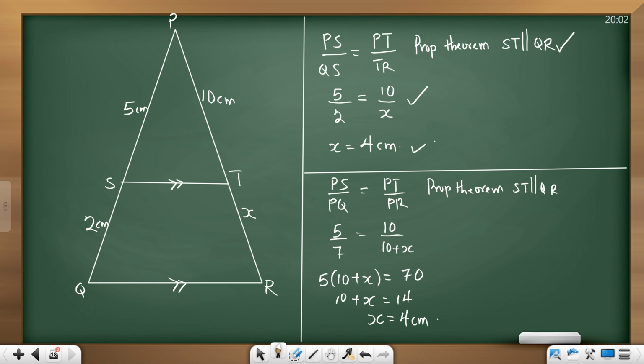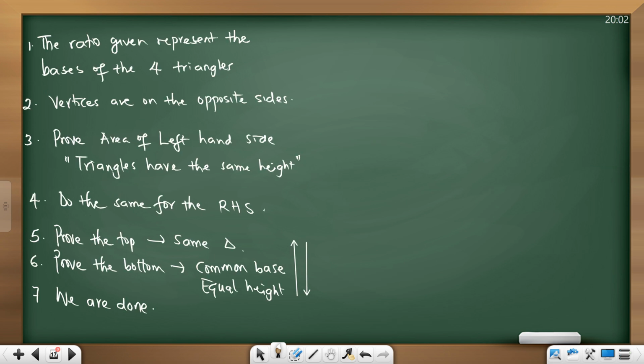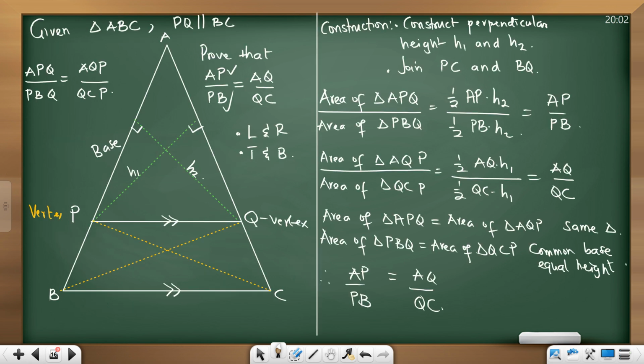Where do you want me to go? Back to the thinking. This one? Okay, the slide before that. Before you sleep tonight, just try to see if you can remember the proof again. This proof. Okay. Just write it out. The more you write it, the better.